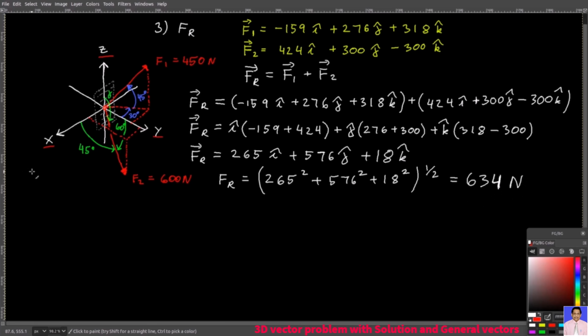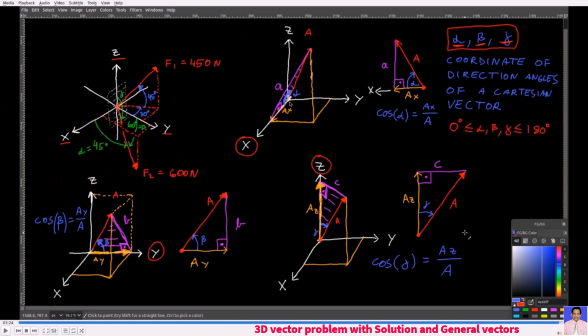And now finally, we have to find the coordinate direction angles alpha, beta, and gamma for FR, for this vector here. From the previous videos, you know that if you have a vector that we called A, then cosine alpha equals the x component of that vector divided by the magnitude of that vector.